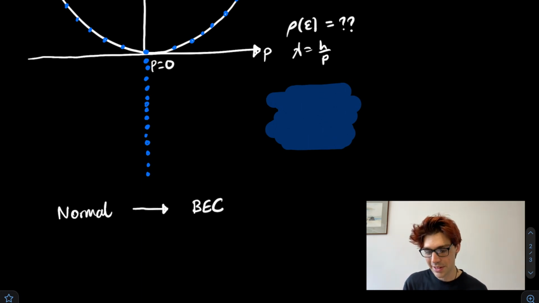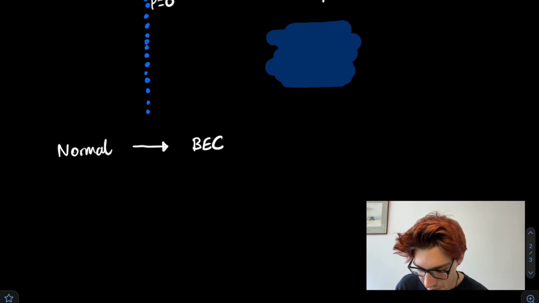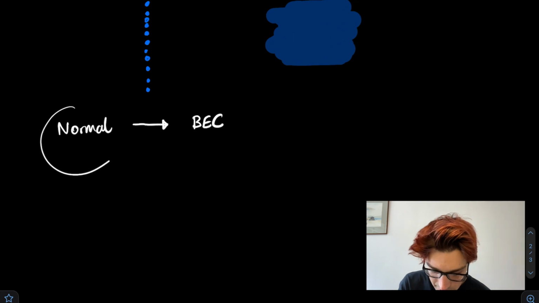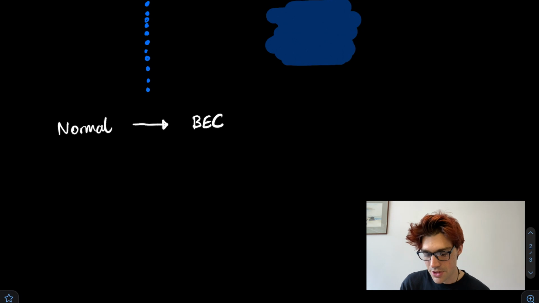This is an example of a phase transition. A phase transition is where you have one state of a system, this normal state. If we reduce temperature or anything else, then you end up in this different state very suddenly. There's no real smooth transition. It's a very quick jump.